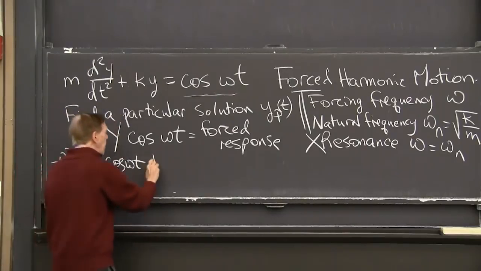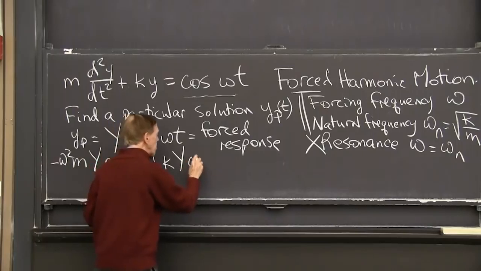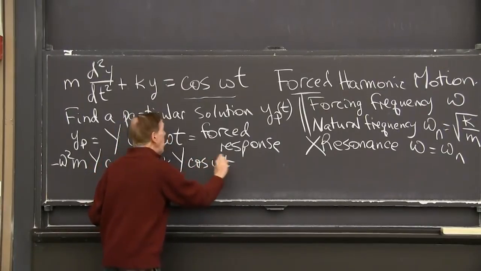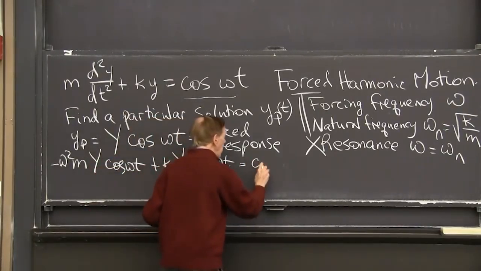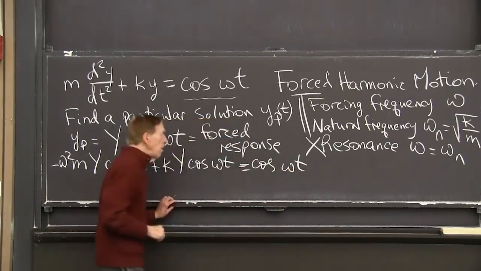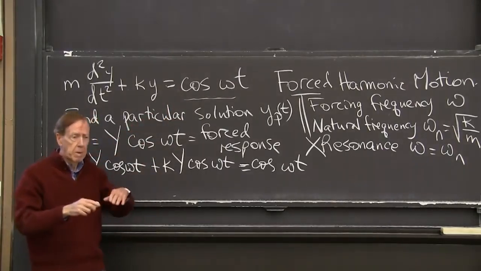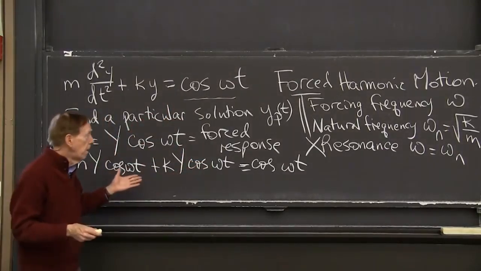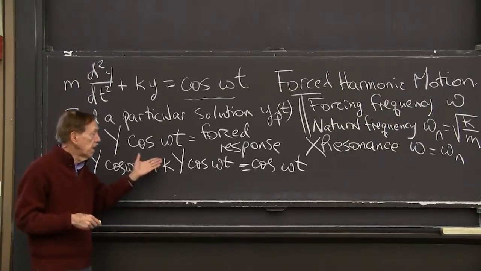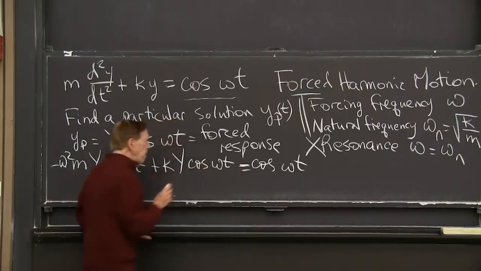And here I have k times Y cosine, equal to the cosine. I could have a constant there, but the whole thing would be no more interesting, no more difficult than with a 1 there.